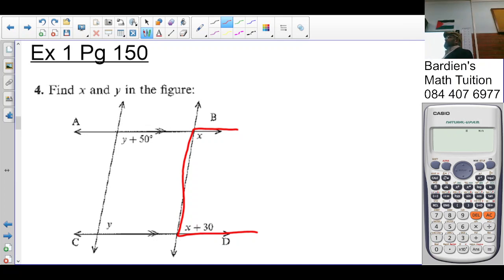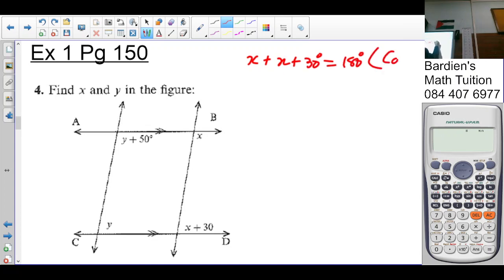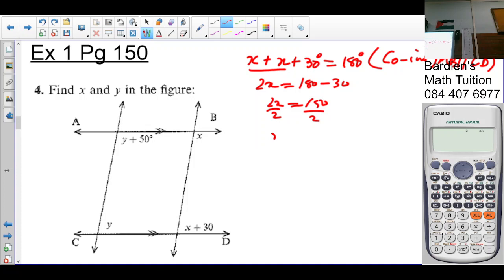They add up to 180. If something adds up to 180, what do you say it is? Supplementary. So x plus 30 plus x equals 180 degrees. It's co-interior angles with AB being parallel to CD. So 2x is equal to 180 minus 30, which is 150. Divided by 2, 75.